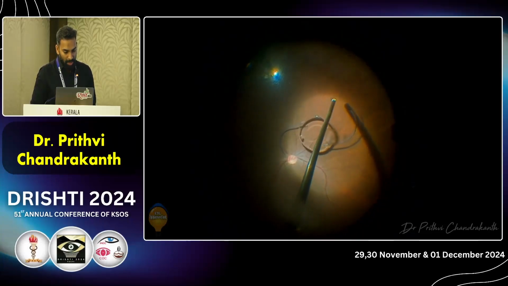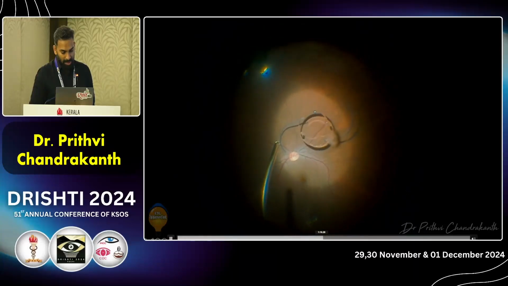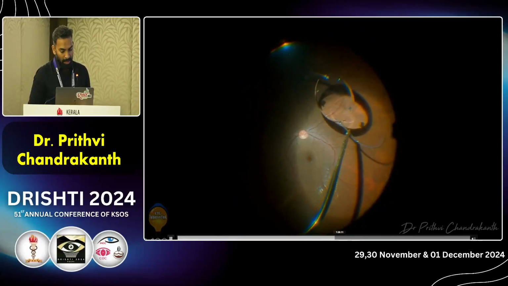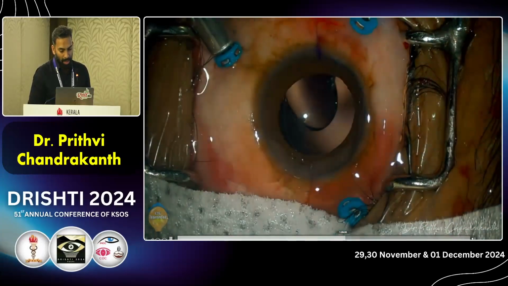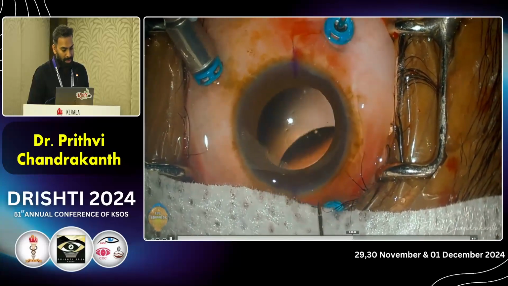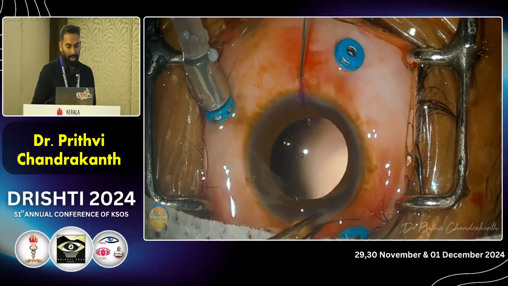Then there is removal of all the vitreous beside the IOL, and slowly what we do is try to catch it with the max grip forceps, bring it up, and slowly, with the max grip forceps holding the tip of the haptic, we bring it out.